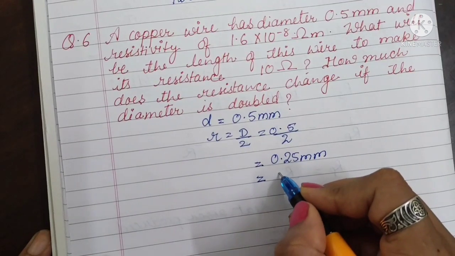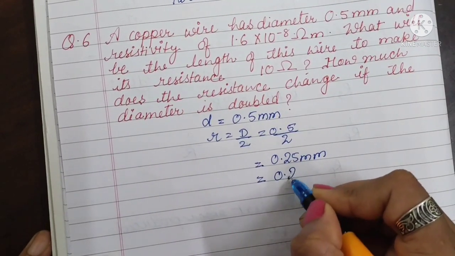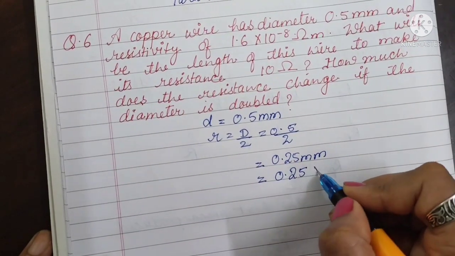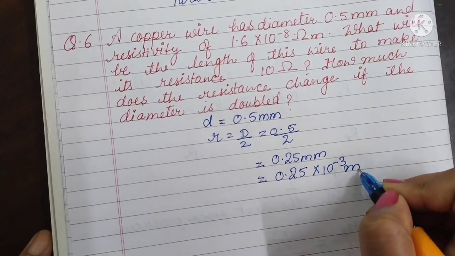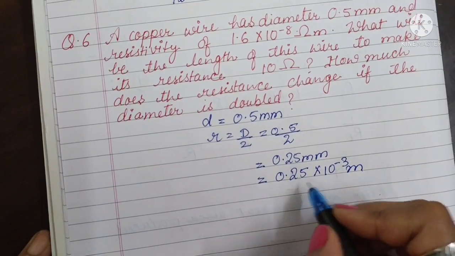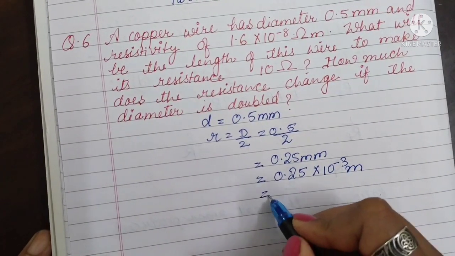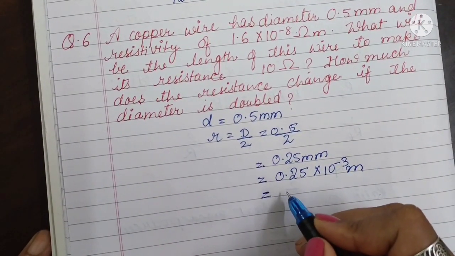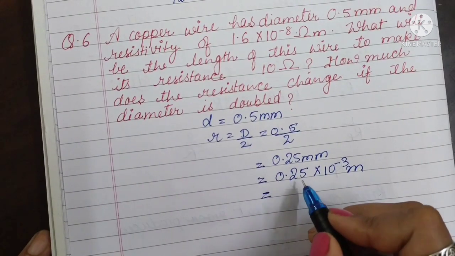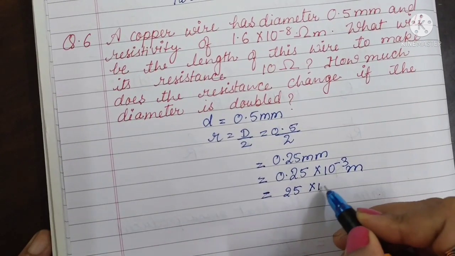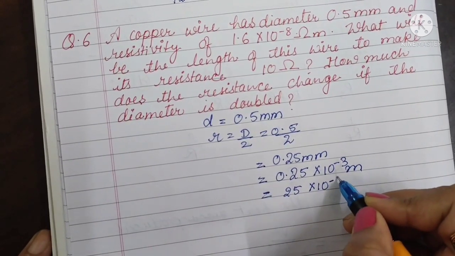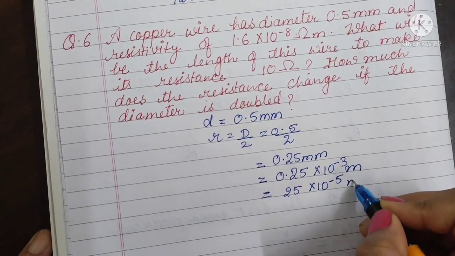So it will be equal to 0.25 into 10 to the power minus 3 meter. Now we will remove the decimal point. It will be equal to 25 multiplied by 10 to the power minus 5 meter.